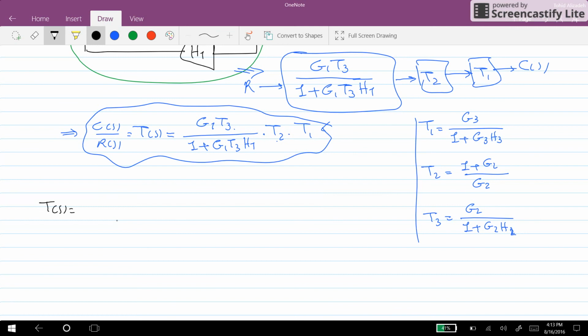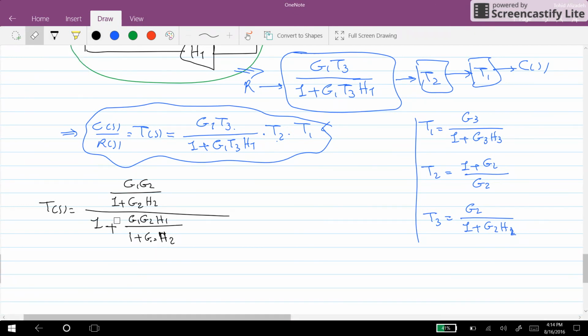T is equal to G1 T3, which will give us G1 G2 over 1 plus G2 H2, divided by 1 plus G1 T3 H1, which gives us G1 G2 H1 over 1 plus G2 H2, the same as what we have here. This is G2.